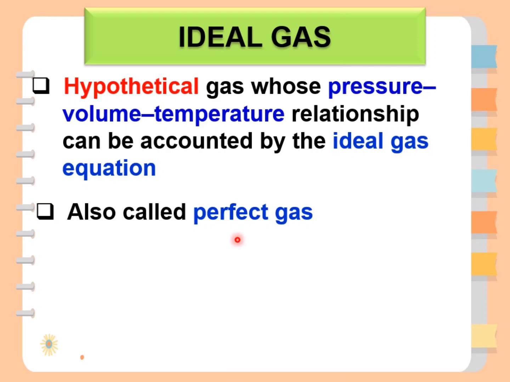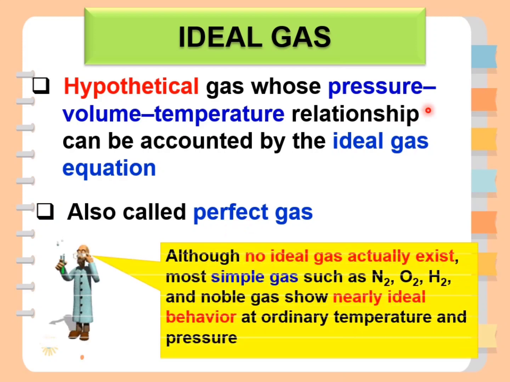So, maksudnya ideal gas ni adalah gas yang sangat sempurna lah, okay? But class, although no ideal gas actually exists, sebenarnya kalau ikutkan yang real, tak ada pun ideal gas yang wujud. Macam kita, manusia pun tidak ada manusia yang sempurna.